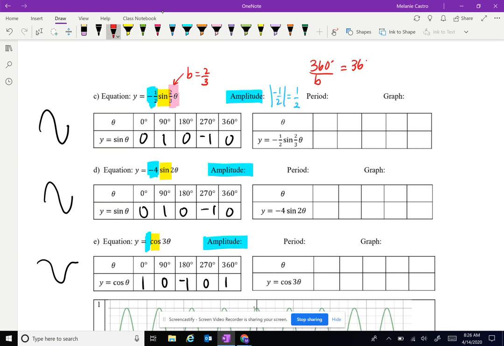And when we say 360 divided by 2/3, we're actually going to take 360 and it gets multiplied by its reciprocal, 3/2.